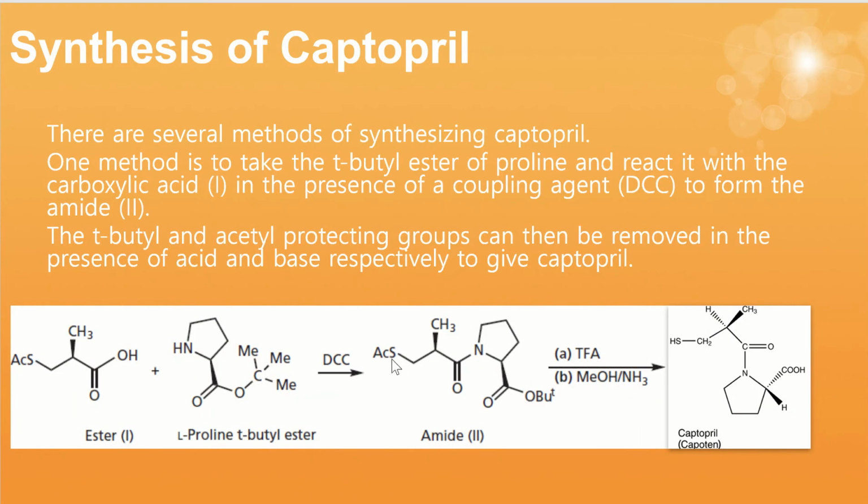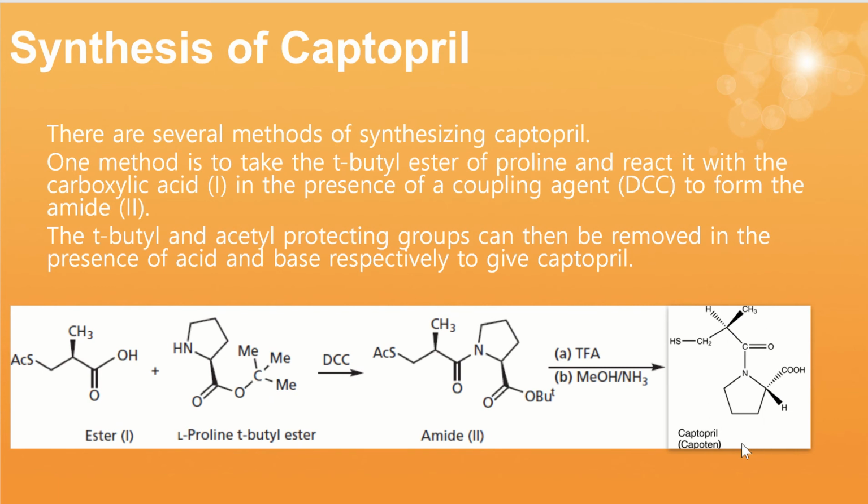So they put on these two groups so that we can carry out the coupling reaction, and then after that, they can use acid to get rid of the tert-butyl, and then base to get rid of the acetyl, and we end up with our Captopril.